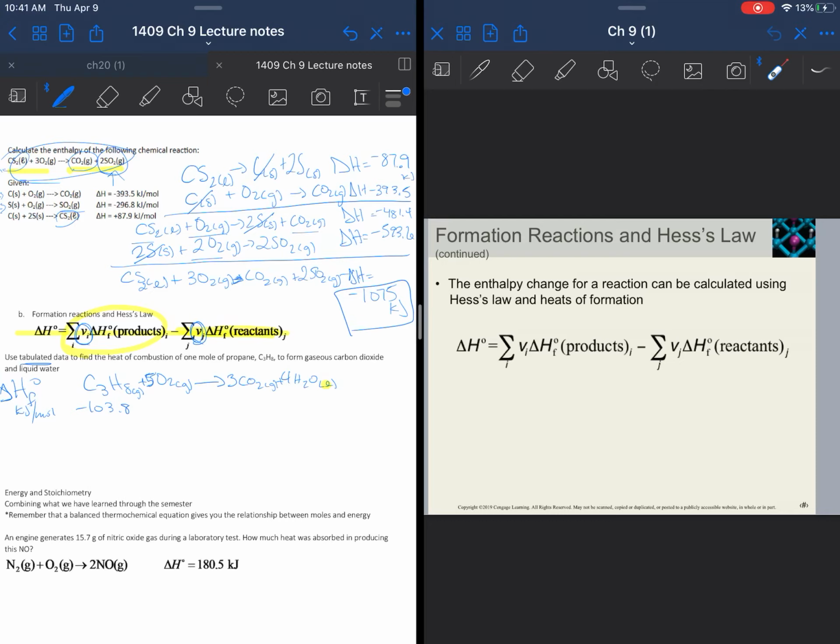Now, when I go to the table, I find delta HF in kilojoules per mole for each of my materials. For propane, it's negative 103.8. For CO2, it's negative 393.5. For liquid water, it's negative 285.8.